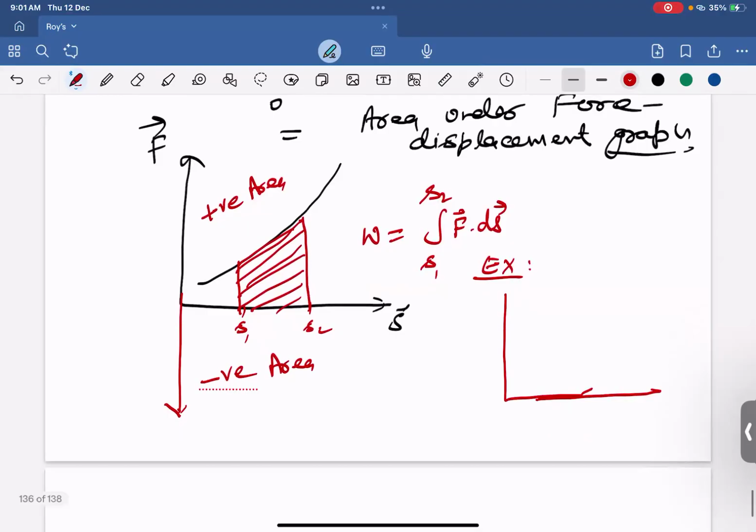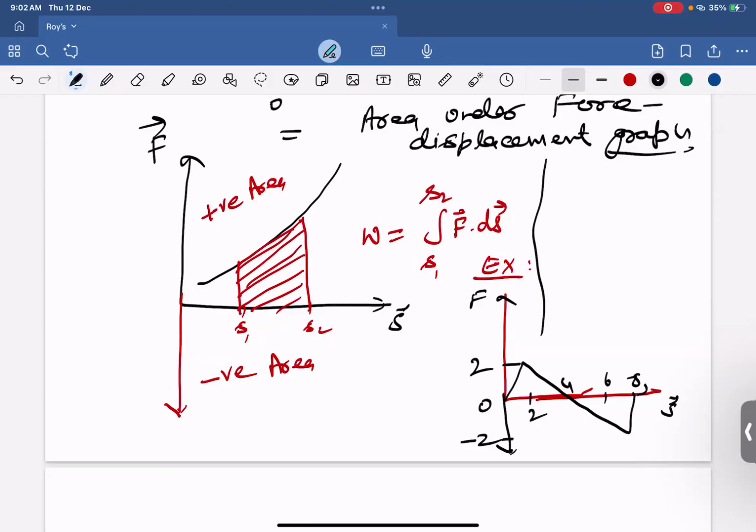So let's take a force displacement graph, and it is going like this. Let's suppose this is given 2 Newton, this is 0, this is 2, this is 4, this is 6, this is 8. And let's suppose this is also minus 2. So I have to find the work done in this condition.